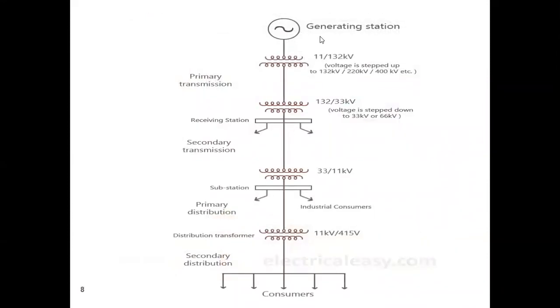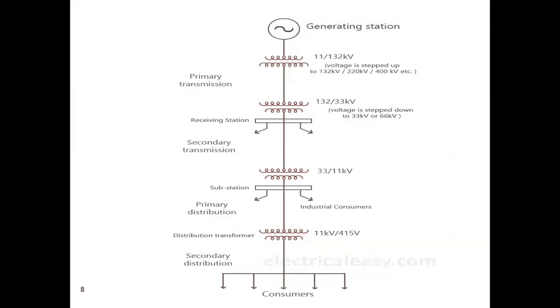Now you see in the diagram what the voltage level is, how it converts the supply, and where the transformers are used. This is the single line power diagram from the generating station to the consumer. So you see the basic elements of a power supply system.